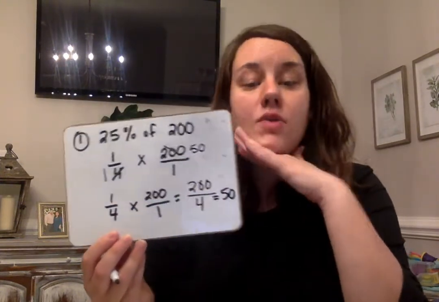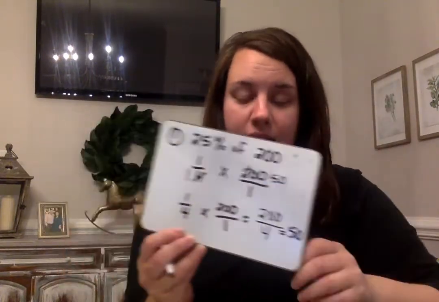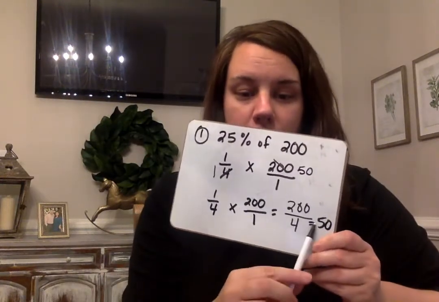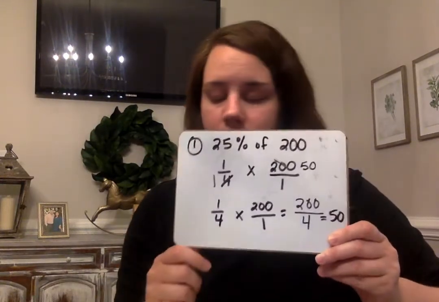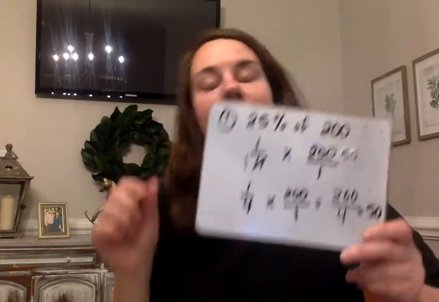Okay. So your number 1 answer, 25% of 200, is 1/4 of 200, which is 50. So you can write your answer for number 1 as 50. Okay? All right. So every time you're looking at a percentage, you're thinking, what fraction is that? And then you're setting it up as a multiplication problem with a fraction. Let's look at number 3.